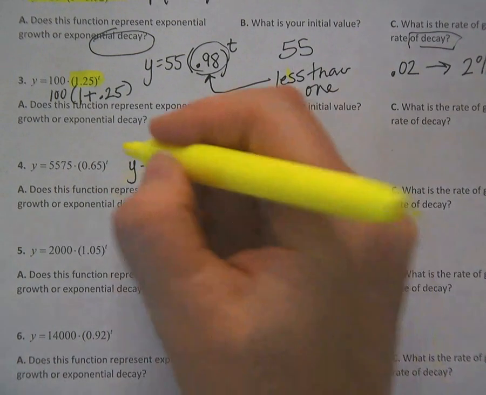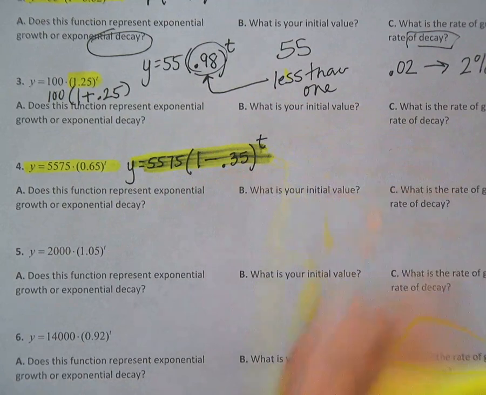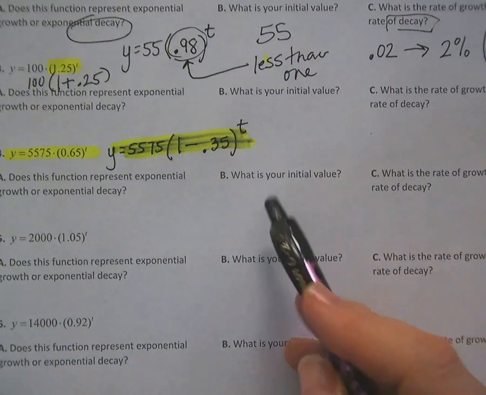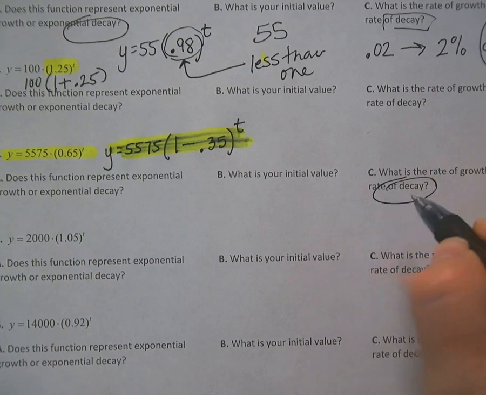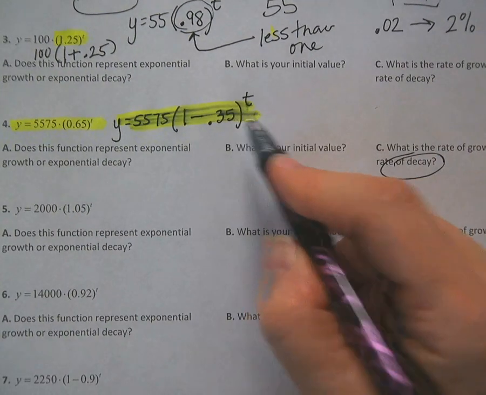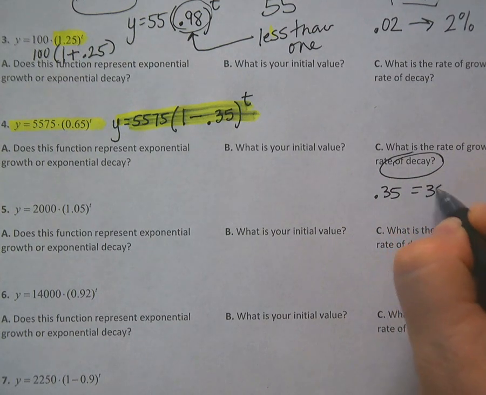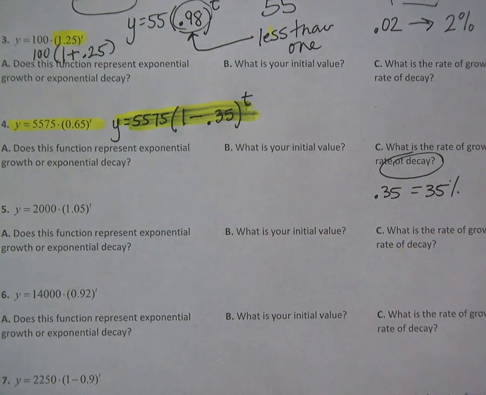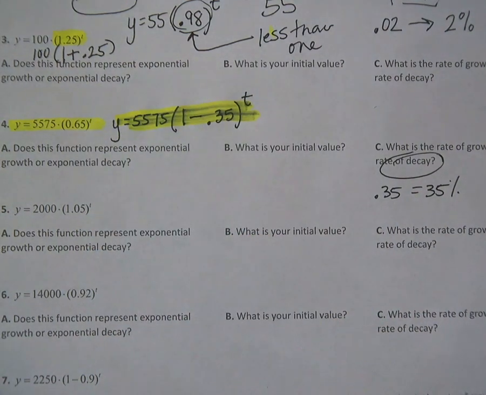So it's going to be your job to make that connection between here and here, to figure out the decay rate. So in this problem, our rate of decay is 35%, because that's the amount that's being taken away. The 65% is the amount that remains year after year.